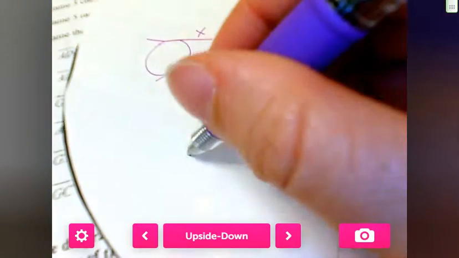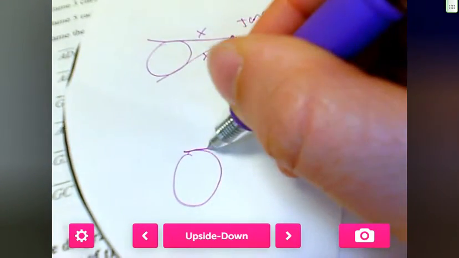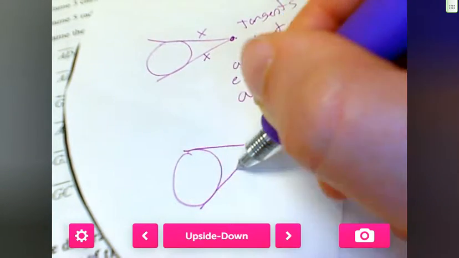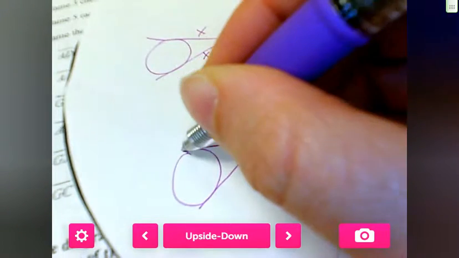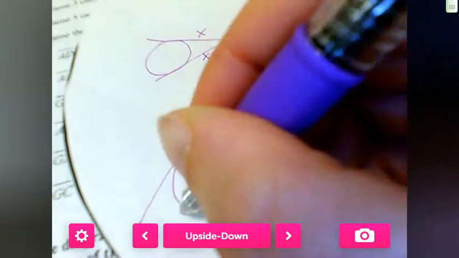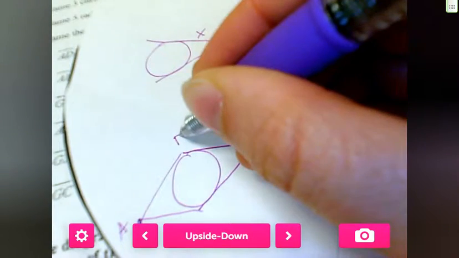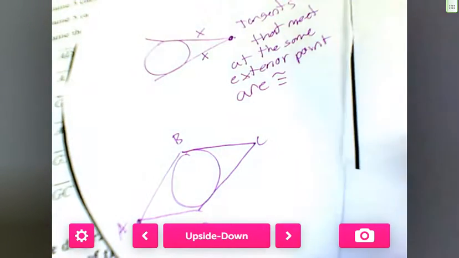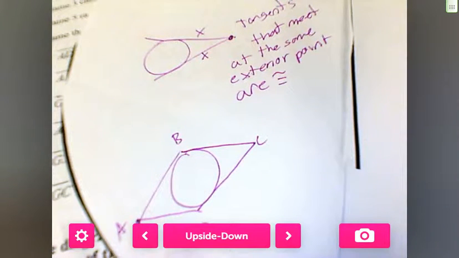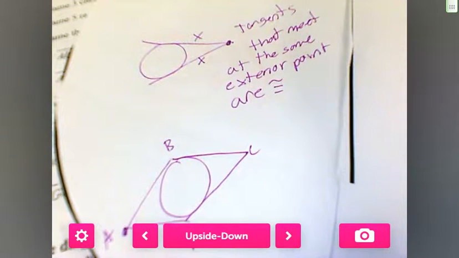And then we've got a circle that's kind of surrounded by tangents. Tangents that meet at the same exterior point are congruent.